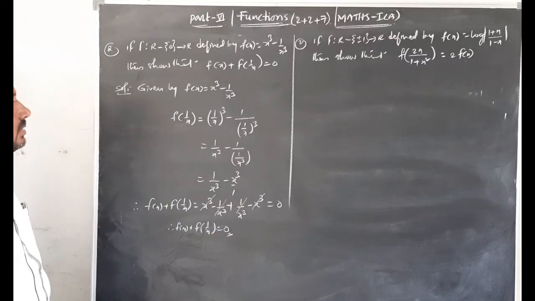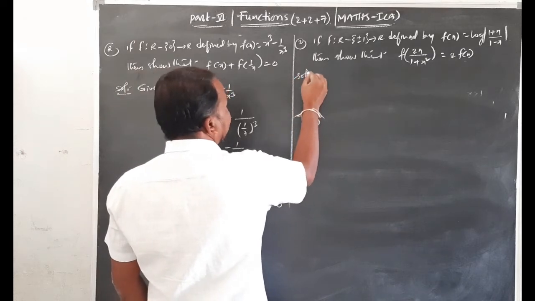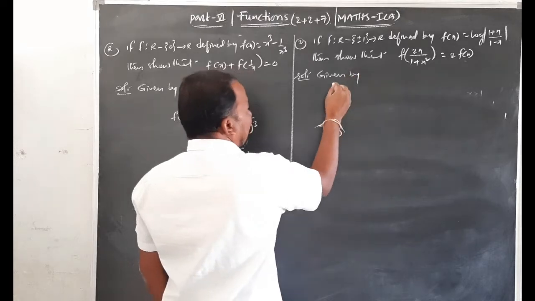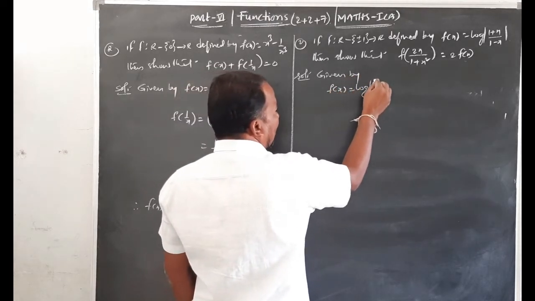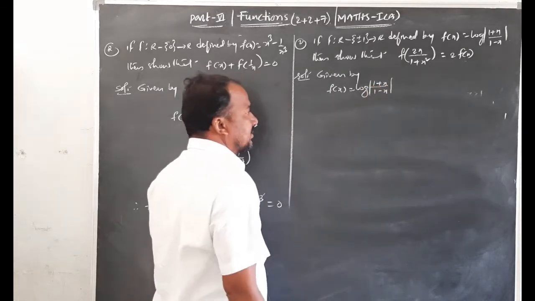Next one, most important. Given f of x equals log of mod (1 plus x by 1 minus x).